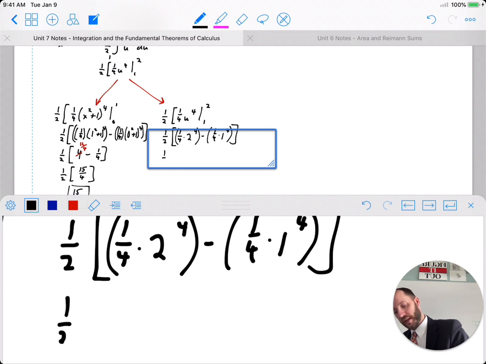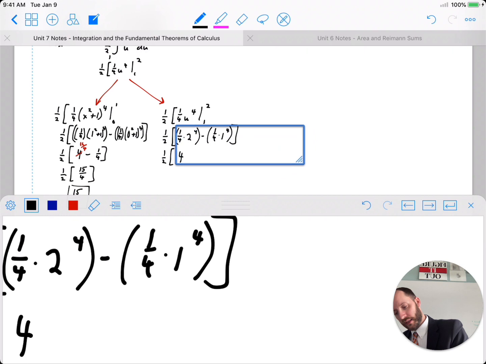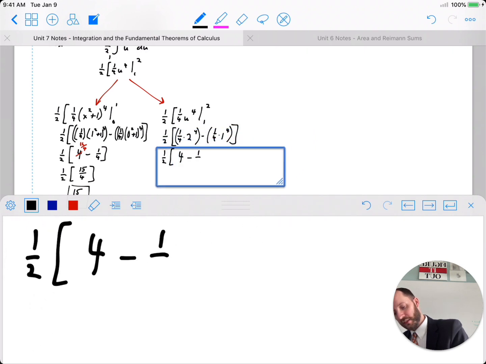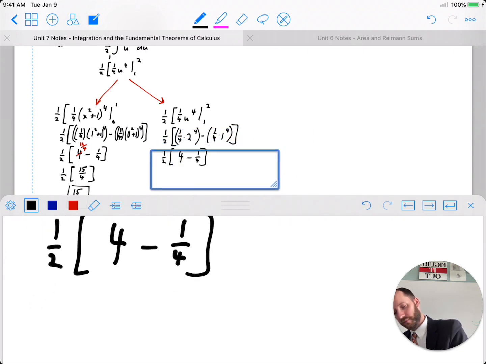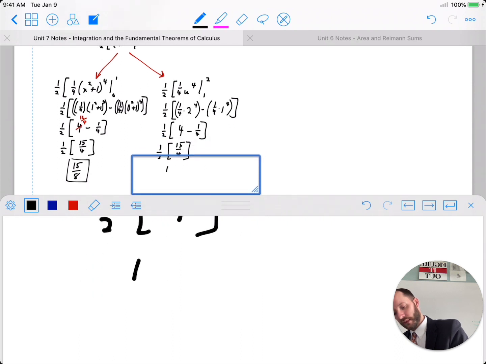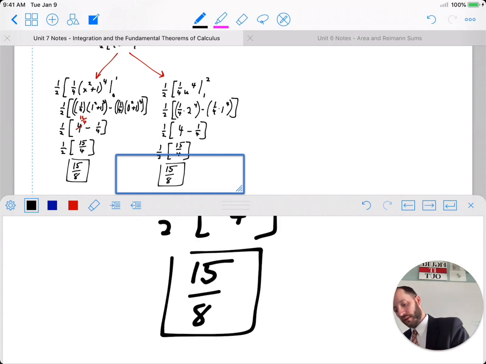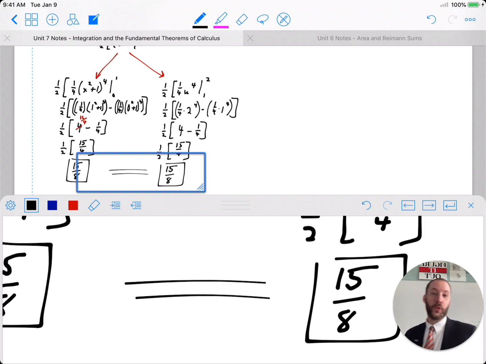We have 1/2. 2 to the 4th, again 2 to the 4th is 16, a fourth of that is 4. And I think you can see where this is going. 4 minus 1/4 again is 15 over 4. And 15 over 8. So same answer both ways.